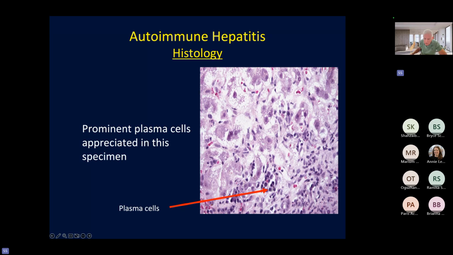Here's one, here's another. So this plasmacytic infiltrate is very, very characteristic. And if you see a biopsy of autoimmune hepatitis on the boards, they'll always have lots of plasma cells, again, because they are so characteristic of the disorder.